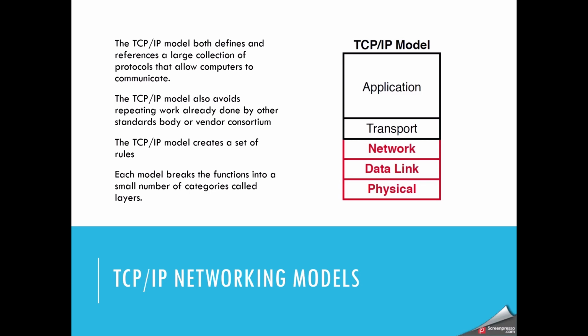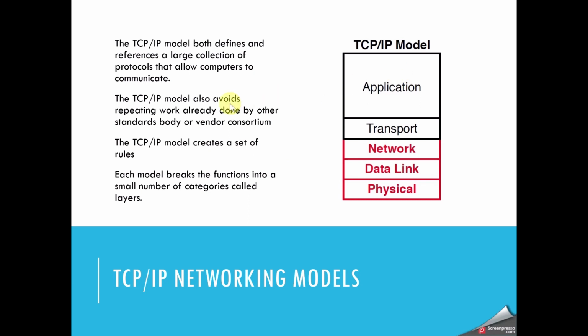In the same way, the top 2 layers, which are the transport and the application layer, focus more on the applications that need to send and receive data, like emails and web browsers. So all different types of applications will be taken care of in the application layer, right?